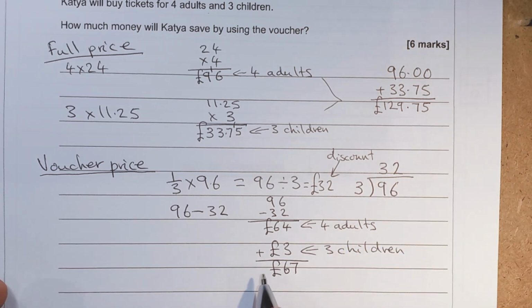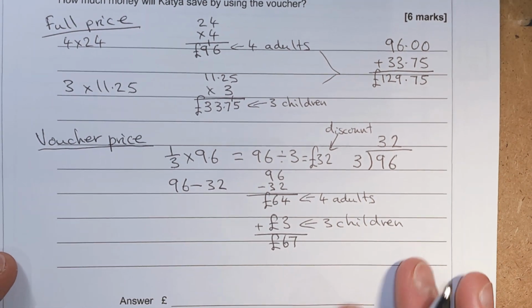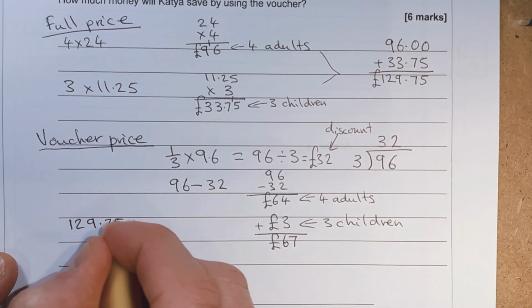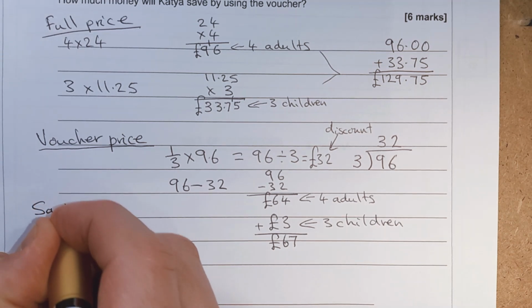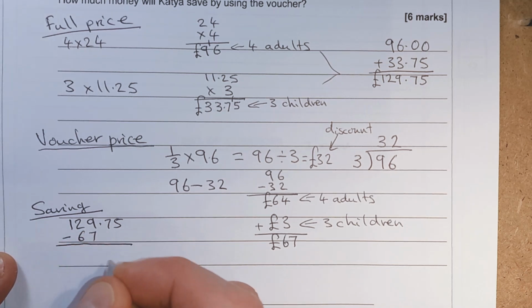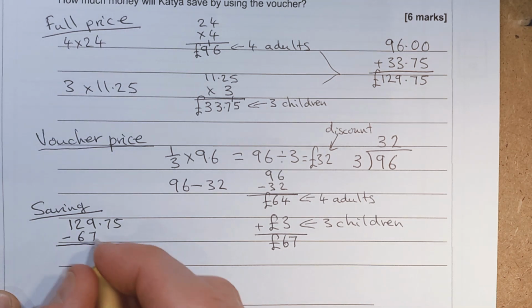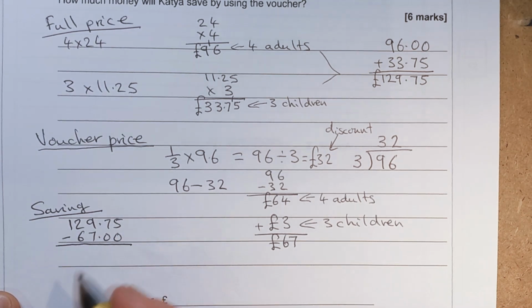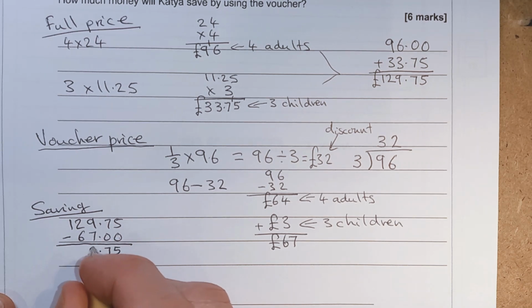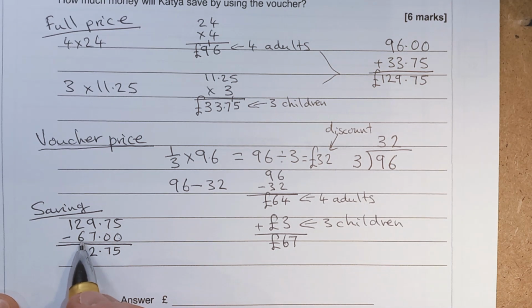And we're comparing that with £129.75. So how much will she save? We want £129.75 and we want to subtract £67. So if you remember what we did before, we put some zeros in, so we've got something to work with in the calculation. 5 minus 0 is still 5. 7 minus 0 is still 7. 9 minus 7 is 2. 2 minus 6 we can't do.